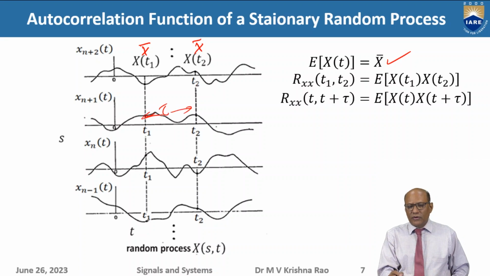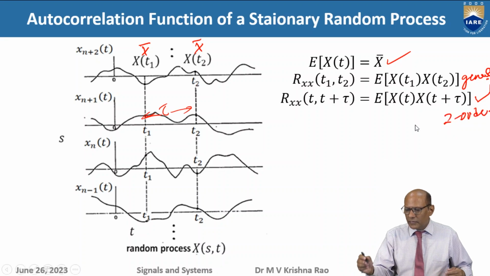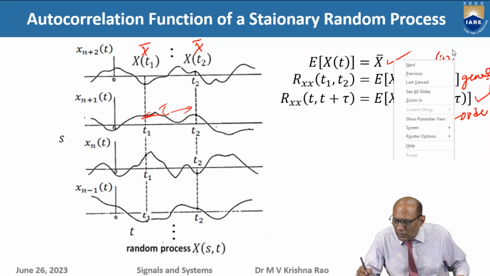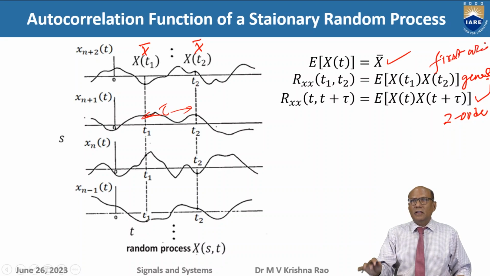So for different taus, if I take the product of these things and take the average vertically, then this is nothing but the general definition. Correct? This is the general definition. This is second order. Okay. This is first order. Okay. So first order, second order.